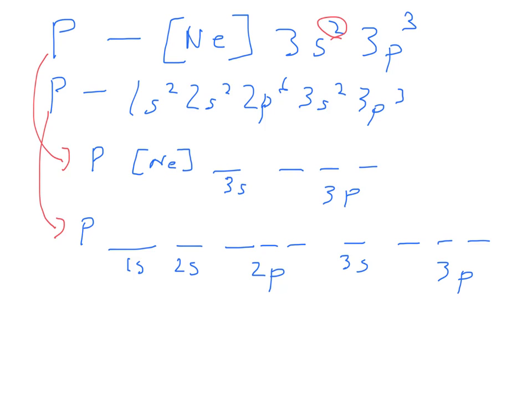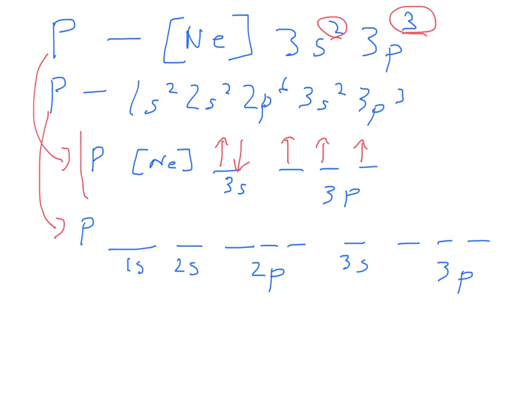Two in the 3s, any 2 electrons that share the same orbital have to have opposite spins. Then I have 3 in the 3p. Hund says electrons don't want to have a roommate when it costs the same amount of energy to live in an orbital. So all my 3p orbitals have the same energy. So an electron is going to move into each of those orbitals before they double back up. And those spins all have to point the same direction.